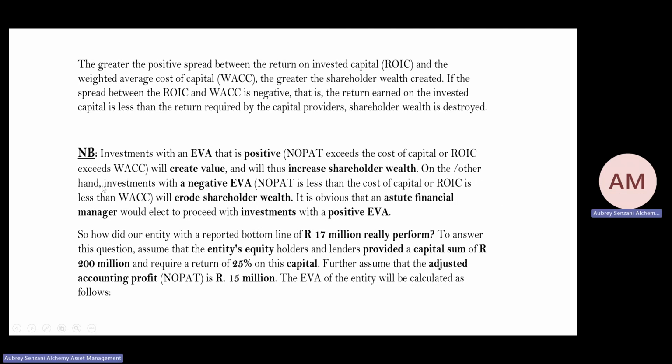On the other hand, investments with a negative EVA will erode shareholders' wealth. In other words, it will actually diminish shareholder wealth. It is obvious that an astute financial manager would elect to proceed with investments with a positive EVA.